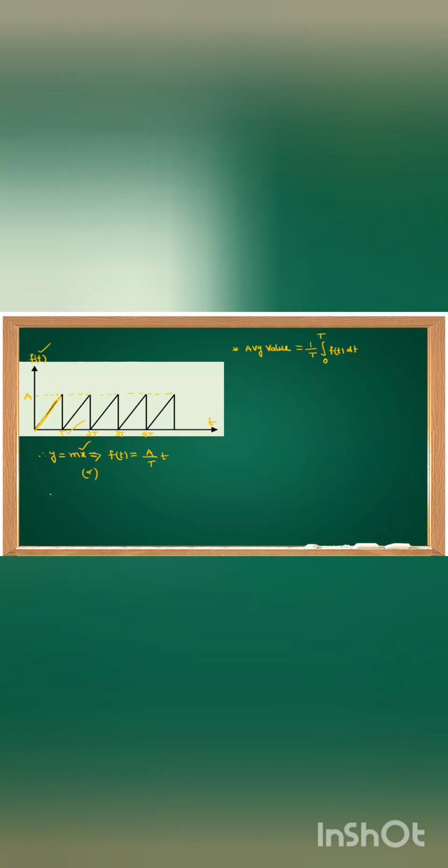Otherwise, every time you can't expect the line to pass through the origin. At some other point they may give it. In that case, you have to apply the line equation.